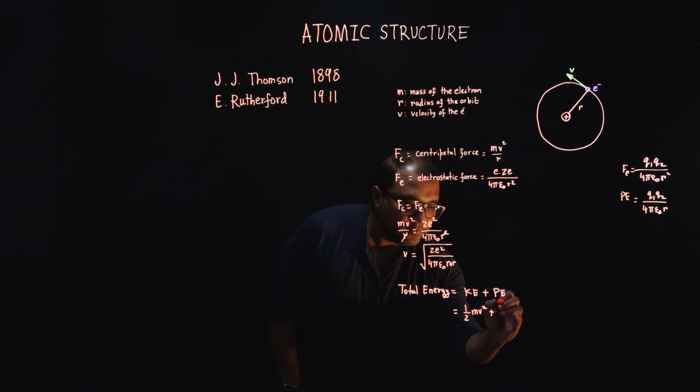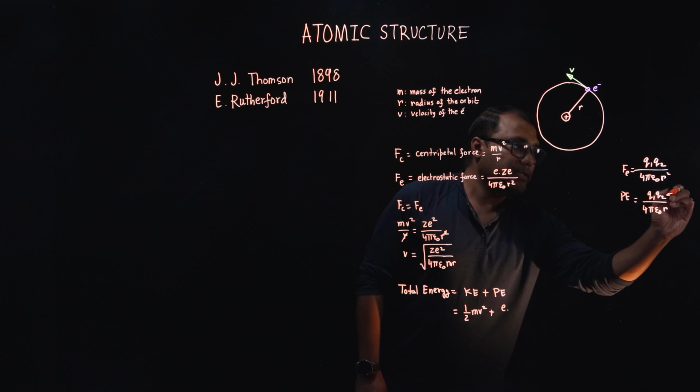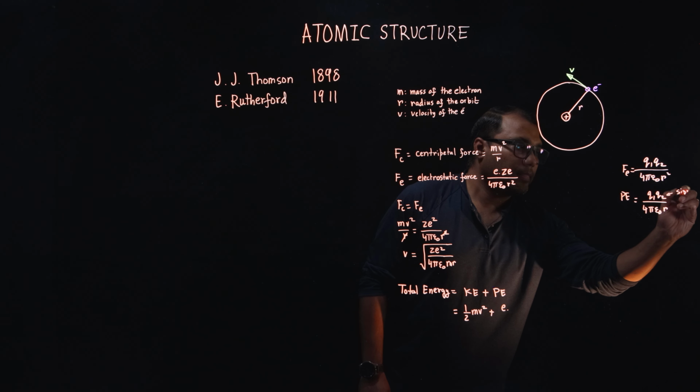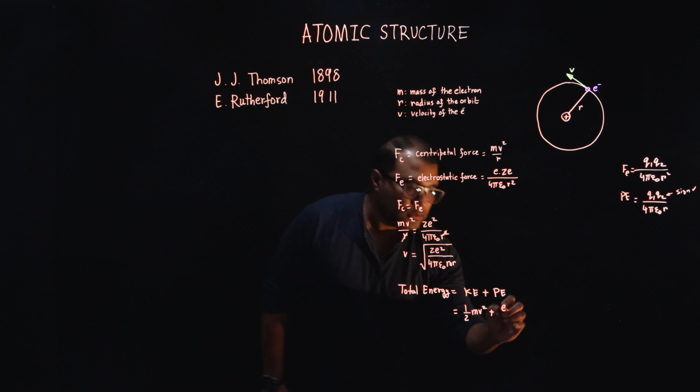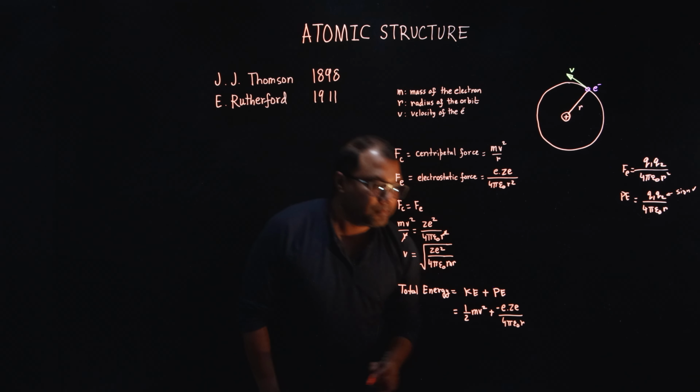Now the charges involved here are e and Ze, but remember we have to consider the sign. Okay, so this becomes minus Ze square divided by 4 pi epsilon naught r.